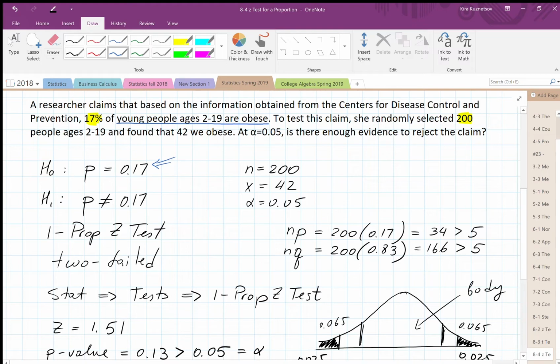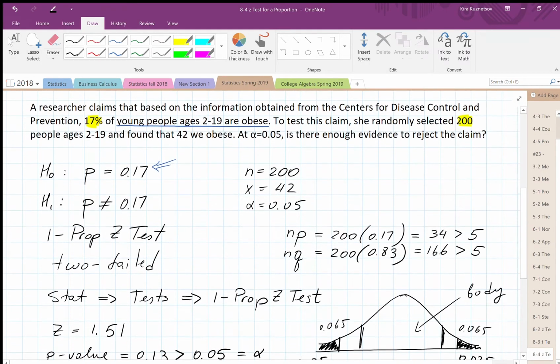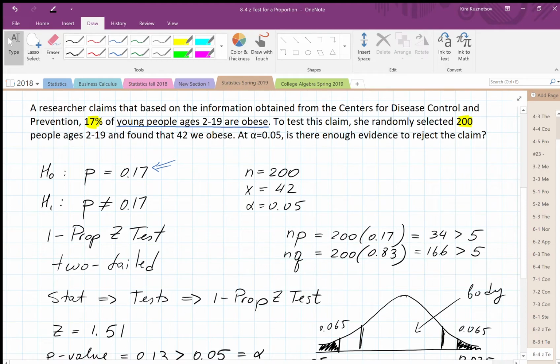We do not reject the null hypothesis. His claim is that 17% of young people are obese. So this was his claim. And is there enough evidence to reject the claim? No.